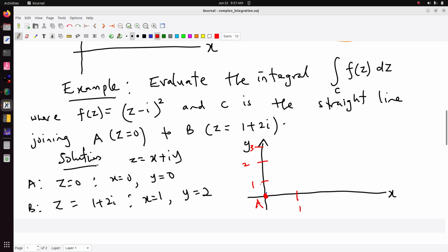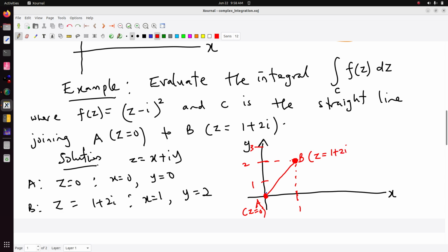So when x is 1, y is 2, which is this point, and we can join the line. This is the line, where point A is z equals 0 and point B is z equals 1 plus 2i.